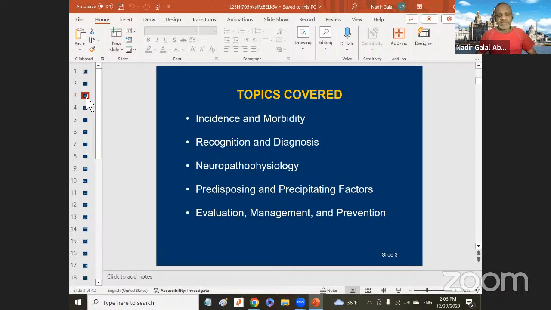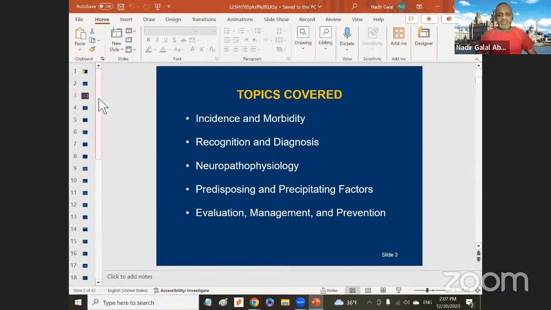Usually, as I mentioned, it's seen in the setting of the hospital. A patient gets admitted with a change in mental status, or after surgery, or in nursing homes. A patient may have a UTI infection. So the presentation will be more or less the same. And we will go over this.